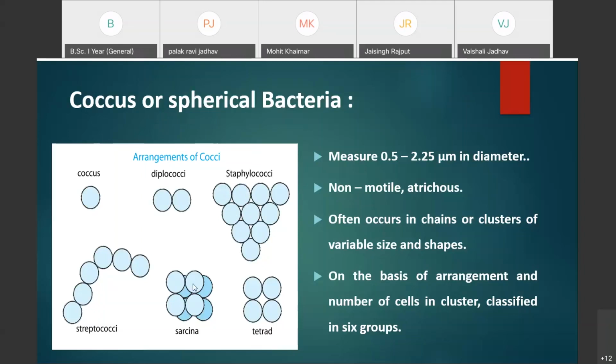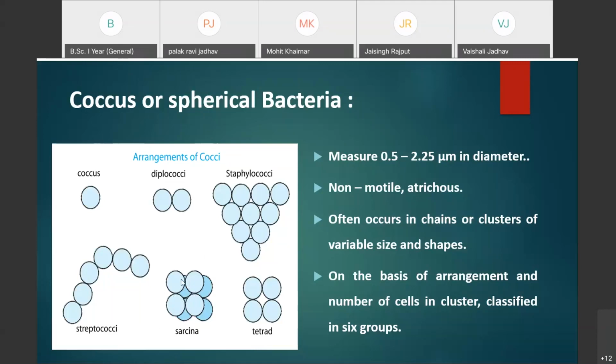And the last one is the sarcina. Sarcina means that whenever the spherical bacteria divide in three planes in a regular pattern, producing a cuboidal arrangement of the cells, it is referred to as the sarcina.